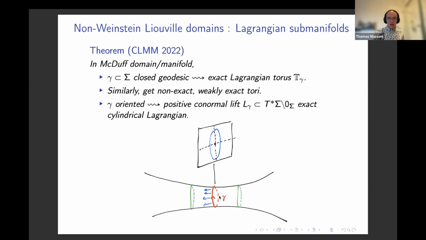If I have coordinates t, the parameterization of the orbit, and r, the other coordinate, then essentially this Lagrangian will wiggle in this r direction, and the way it wiggles depends on one of these two coordinates in the fibers. I think maybe the best way is just to look at the parameterization and the equation which is in the paper. But it roughly looks like that. Thank you.